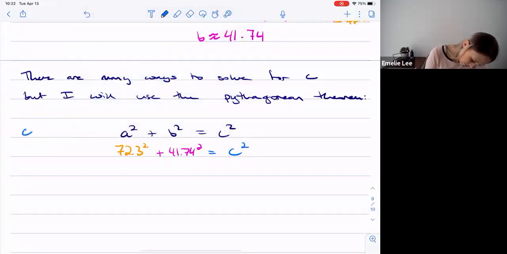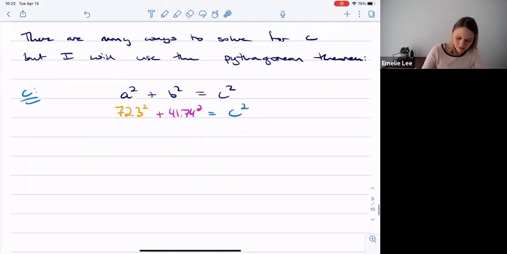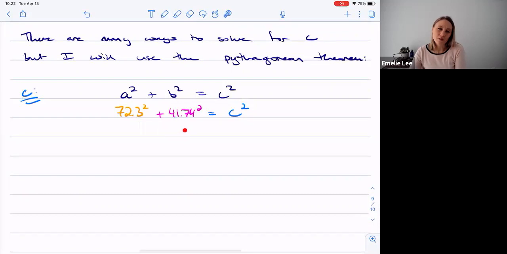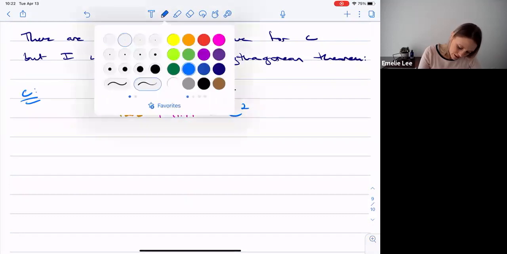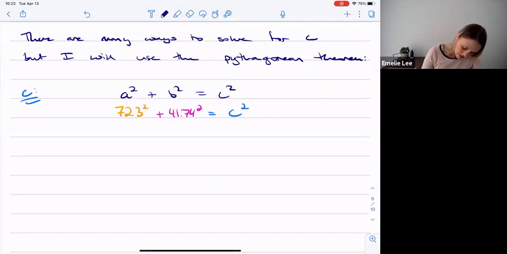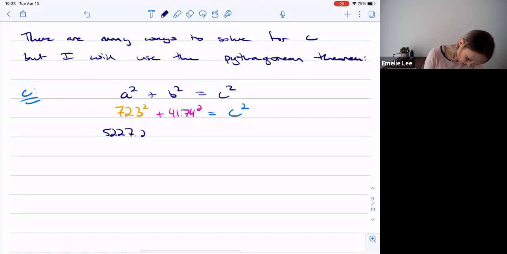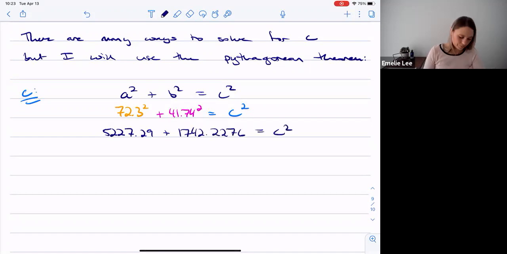So solving for C here, knowing that this is going to be an approximate answer because I've already rounded B, so it is a little bit off, but maybe it's close enough. Let's see here. C squared is going to be 72.3 squared, which is 5227.29, plus 41.74 squared, 1742.2276.